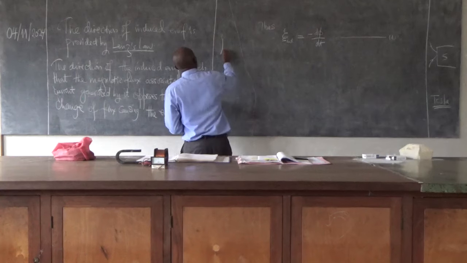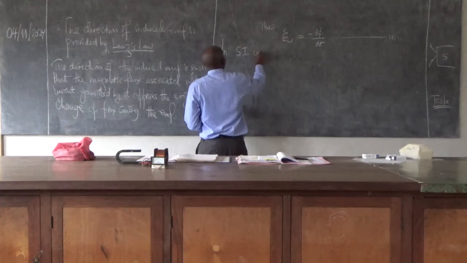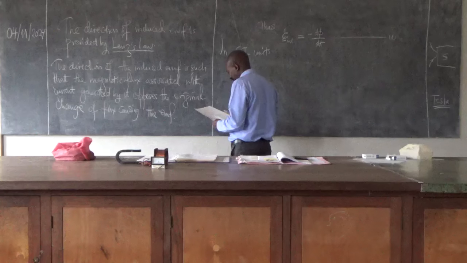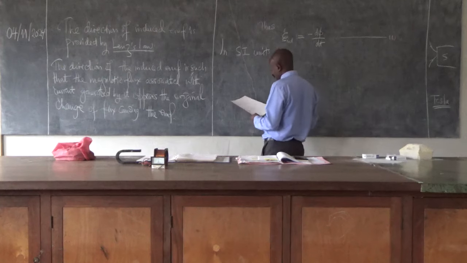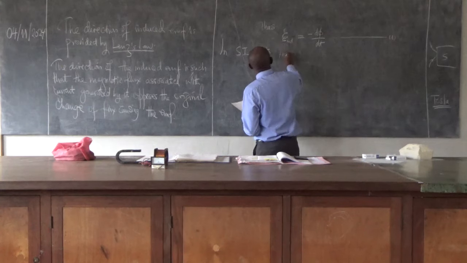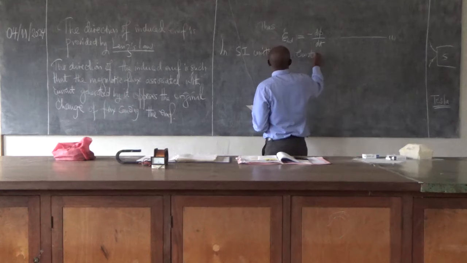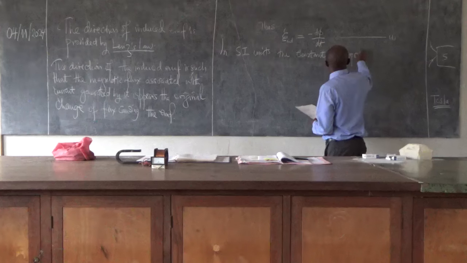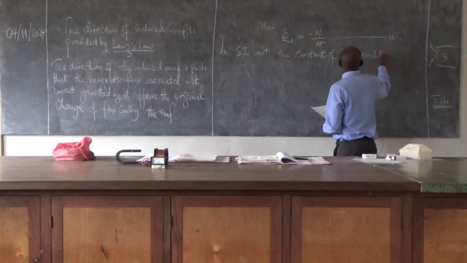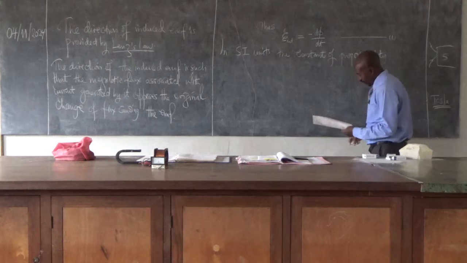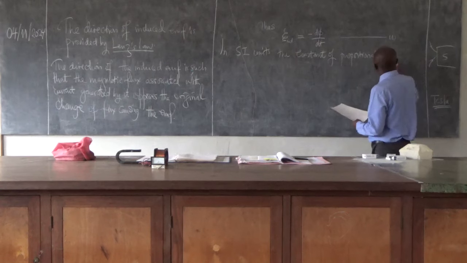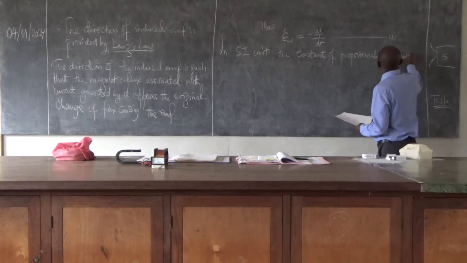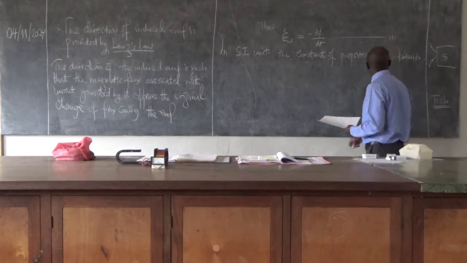So in this, the constant of proportionality is taken to be unity. It's taken to be 1.